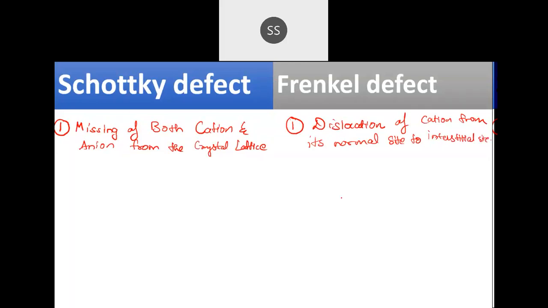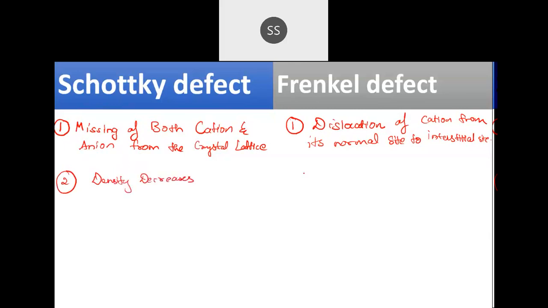Second point, now you all tell me. First point, you can write the definition. Copy the same thing. Second point, what will you tell? You can talk about the density. Very good. For Schottky defect, the density decreases.